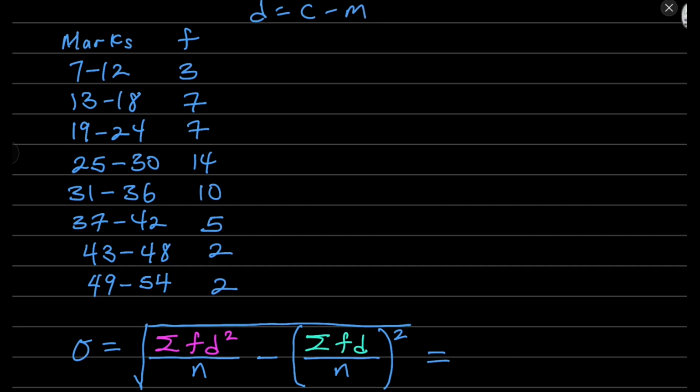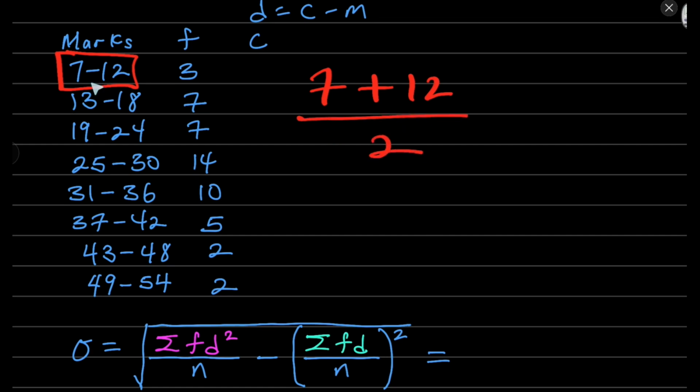How do you get C? C is your class center, just your lower limit plus your upper limit divided by 2. So I'm going to create another column for C. For the first class it would be the lower class limit 7 plus the upper class limit 12 divided by 2.